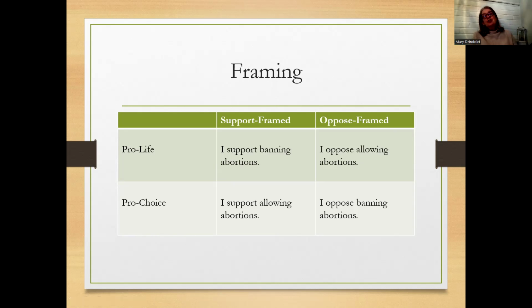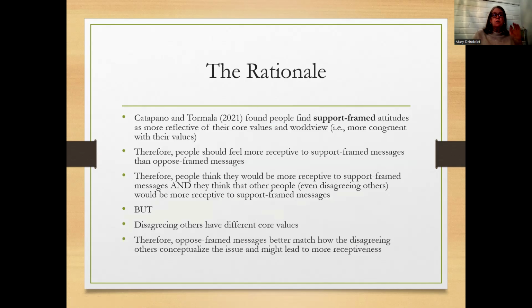The article, as you know, has other examples of this, not just pro-life, pro-choice, but I just wanted to throw that in there. The rationale they had at the beginning, which turns out to be true, as they find support for their hypotheses, is that way back in 2021, they found that people find support framed attitudes as more reflective of their own core values, their own worldview, congruent with their values.